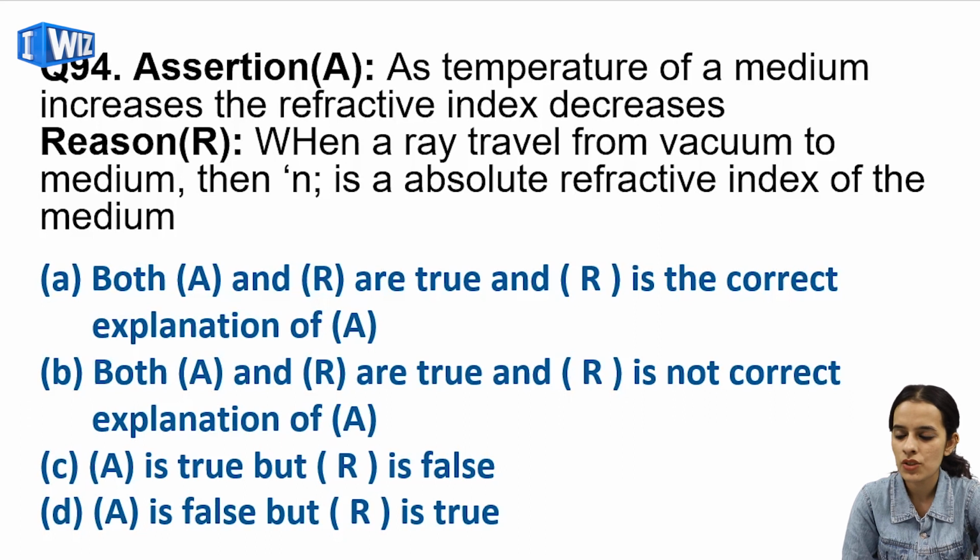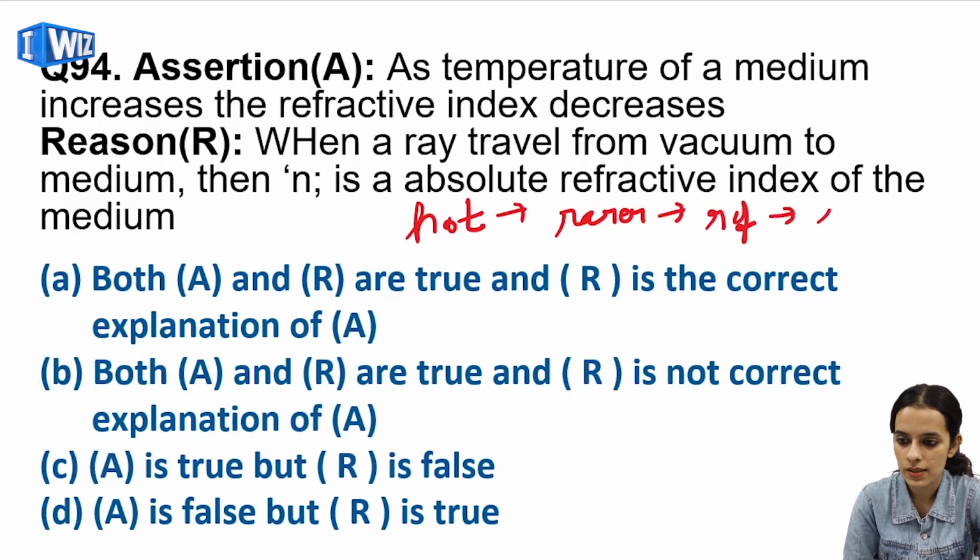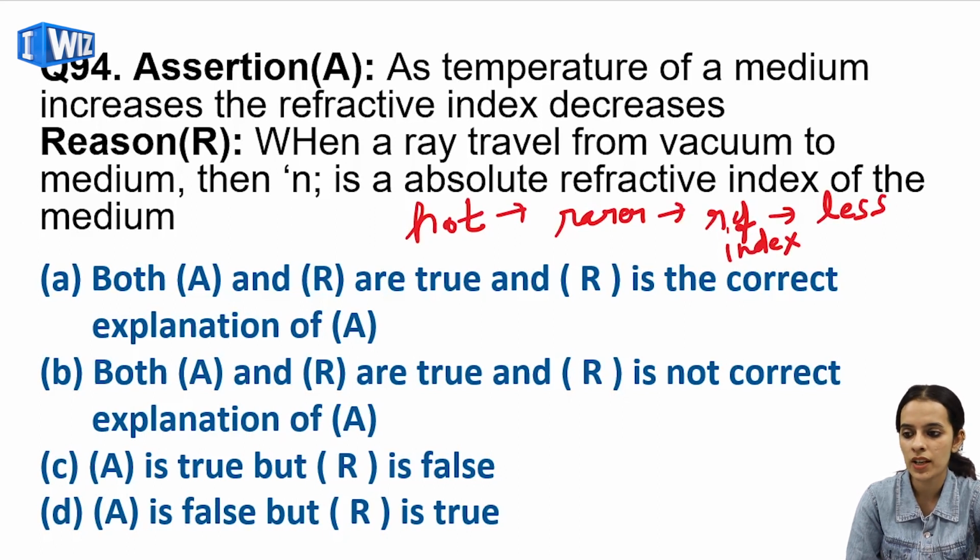How is temperature related to the refractive index? See, if there is hot air, that is a rarer medium and its refractive index is less. Okay, a rarer medium, you already know, has less refractive index.